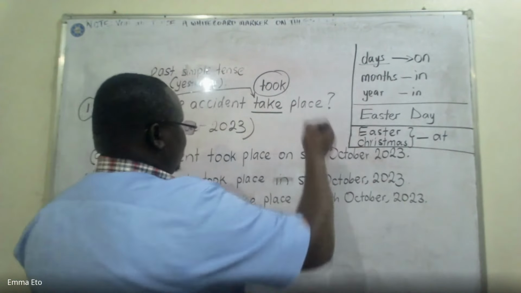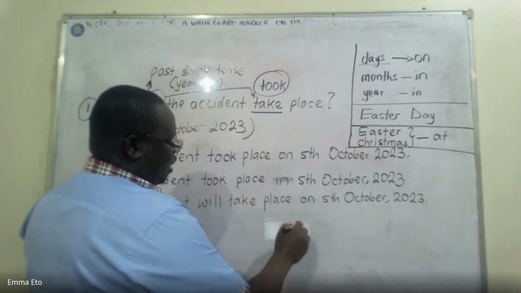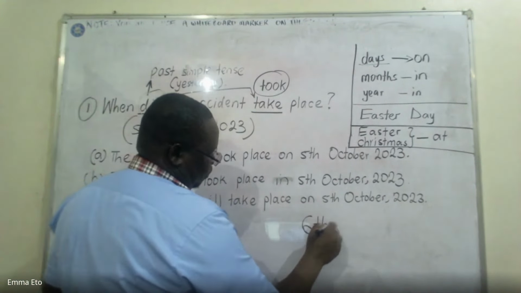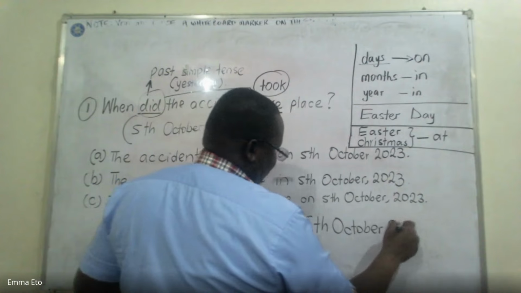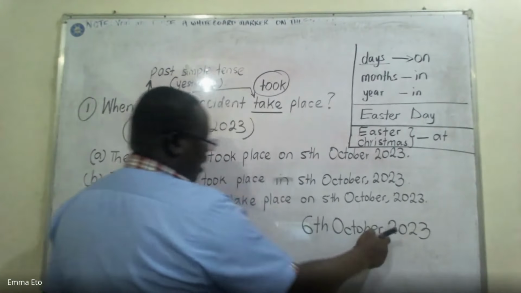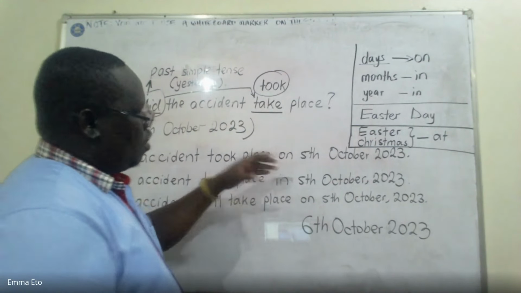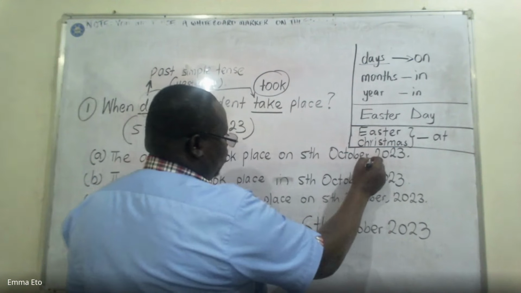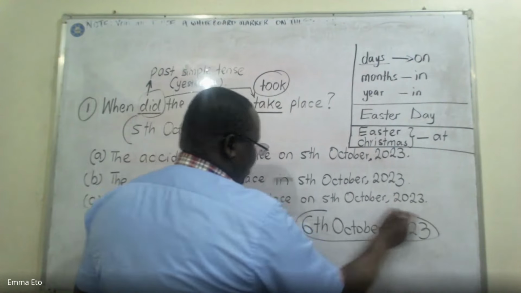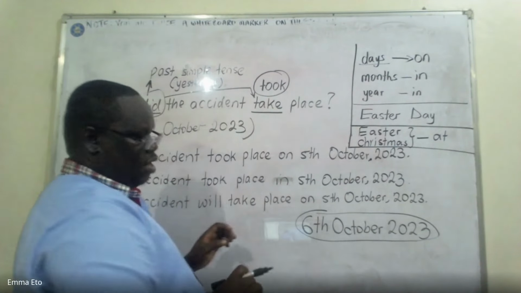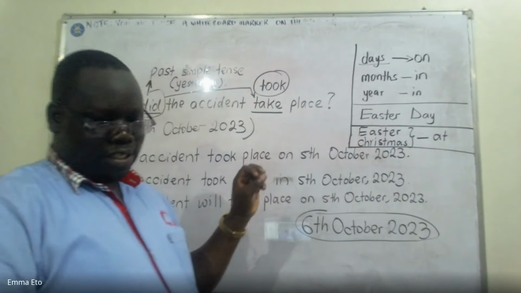For instance, I'm writing the date of today, 6th October 2023, without a comma here. Now, if I put it in a sentence, a careful writer puts a comma there, because now this has been placed in a sentence form. But in case you forget it, you will not be penalized.